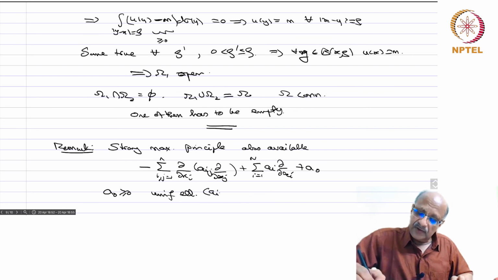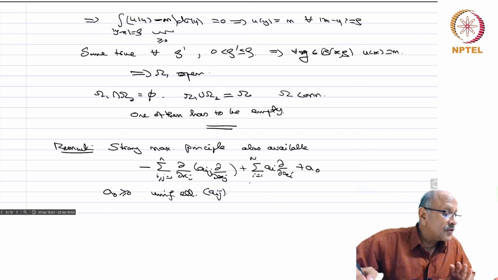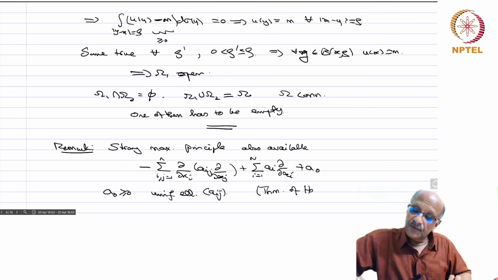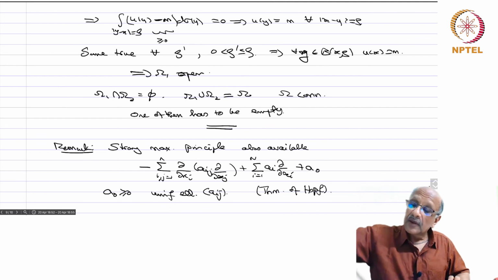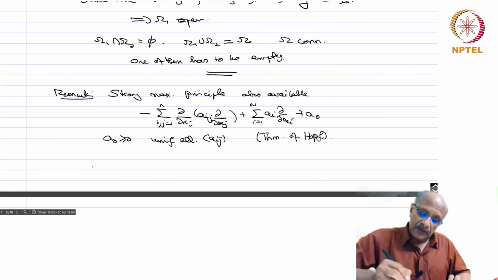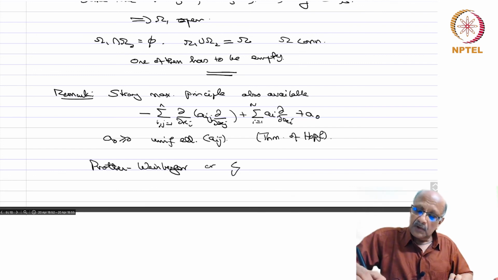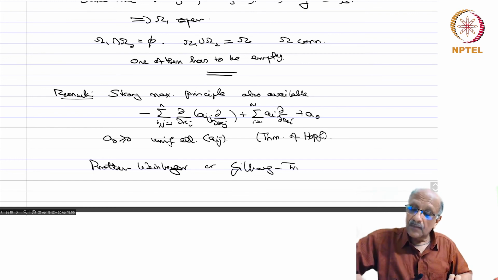Okay. So, if this is true, then this is a theorem of Hopf. Okay. And you can see the proof either in Protter, Weinberger or Gilbarg and Trudinger.